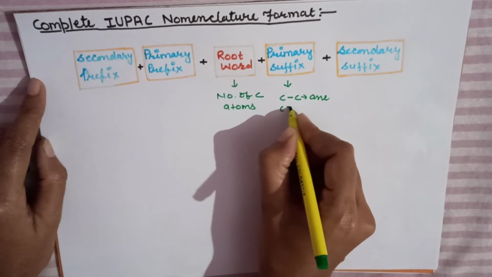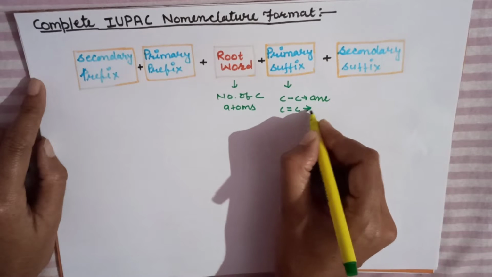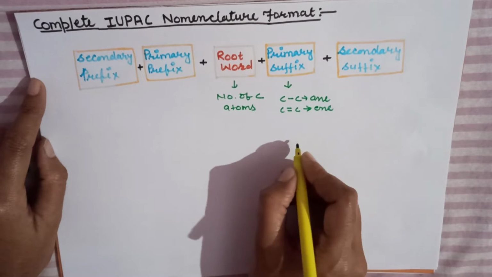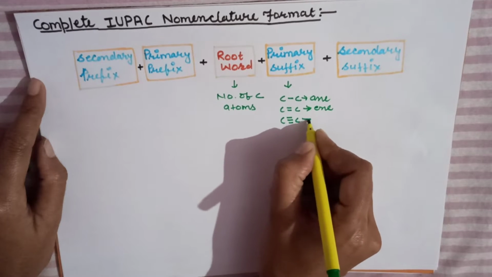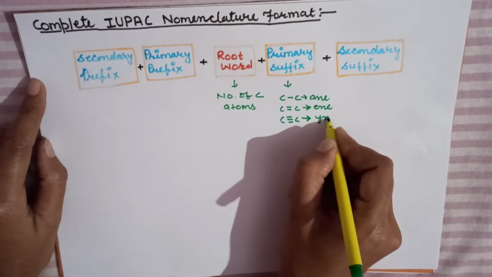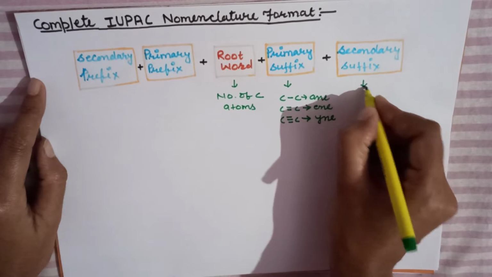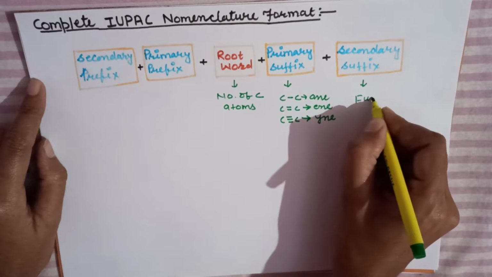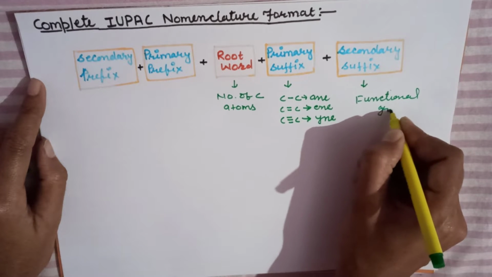If a carbon to carbon double bond is present within the molecule, then we use the primary suffix "ene". If a carbon to carbon triple bond is present, then we use the primary suffix "yne". Secondary suffix is used for the functional group.